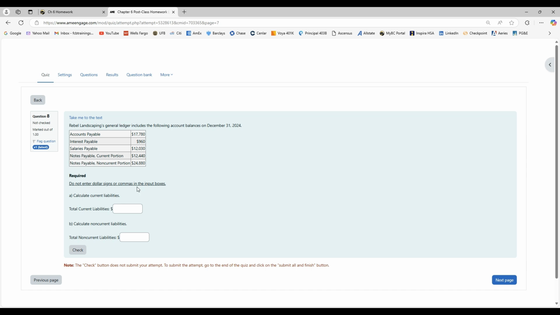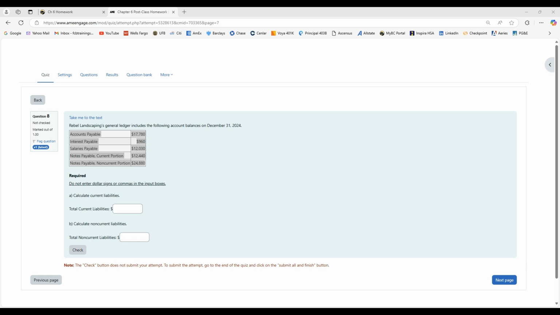Okay, so this problem talks about current liabilities and non-current liabilities. Again, I'm going to do a little bit of copy paste into my Excel here, make it a little easier. So accounts payable is a current liability. Interest payable is a current liability. Salaries payable is a current liability.